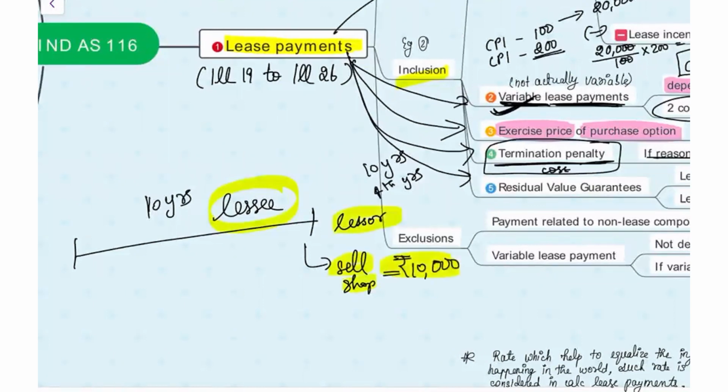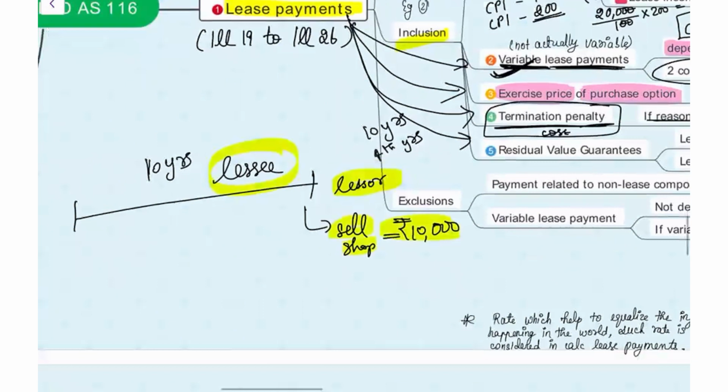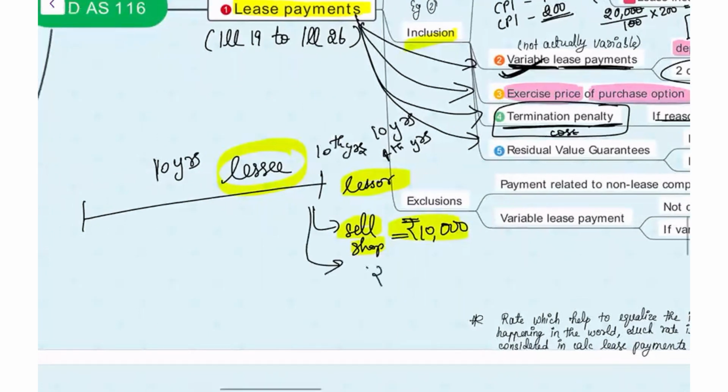Suppose what happens is that the lessee has not used the shop in the proper way, he did not clean it properly, he did not maintain it properly, or for whatever reason it may be. Now at the end of the 10th year, when the lessor is going to sell the shop, he was only able to fetch 6,000.